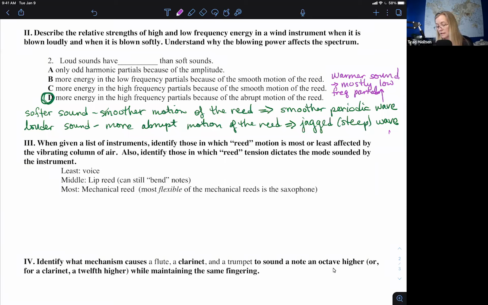Whereas this jagged steep wave will be a brighter sound, and it will have more energy in high frequency partials.